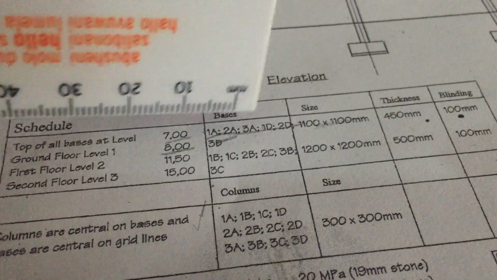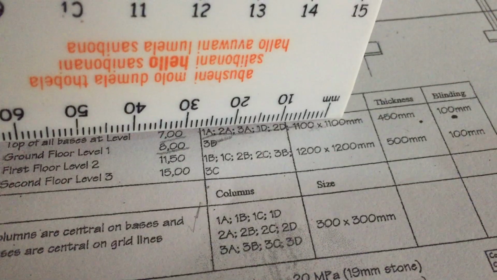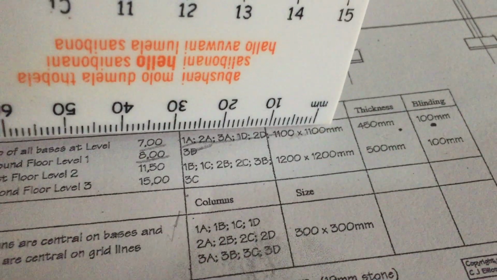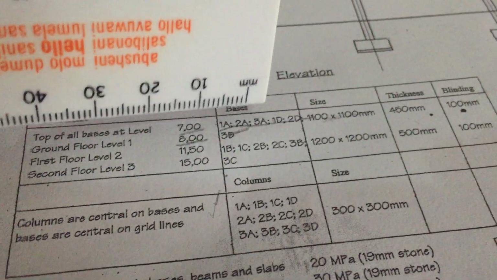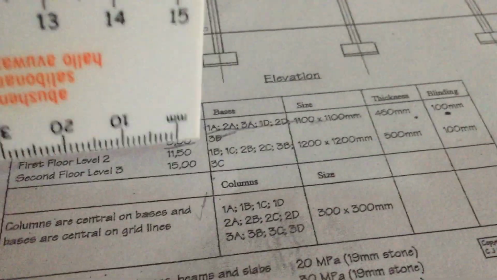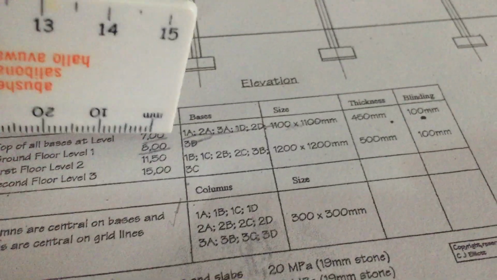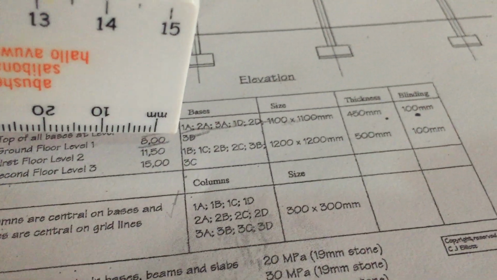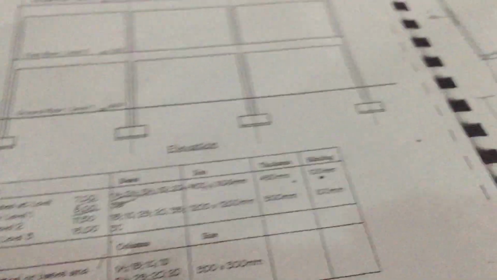The size for this base is 1100 by 1100 millimeters. Which ones are the bases with this measurement? The following bases: 1A, 2A, 3A, 1D, 2D, 3D. These are the bases that I did, and the bases with the other size, I didn't do them. I guess that is going to be homework for you guys. You're going to do that for me. So let's go straight into it.